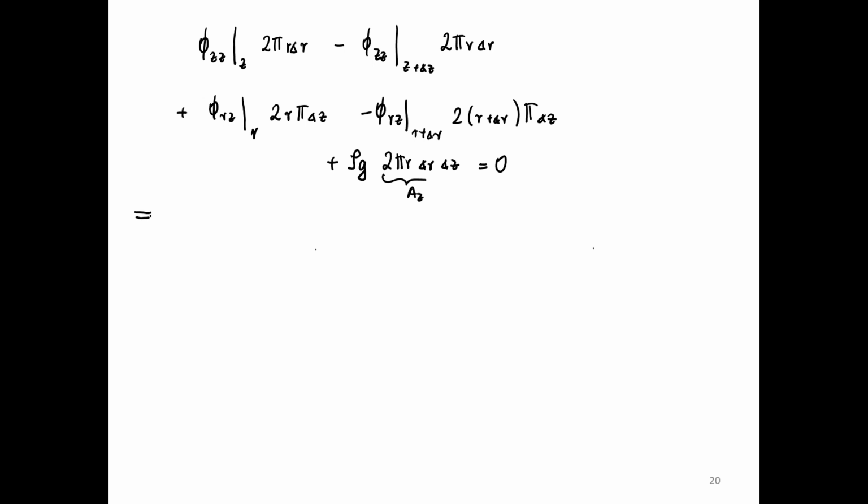So I'm going to shorten this a little with my notation. This is negative phi_ZZ evaluated at Z and Z plus delta Z. Do we see this? Times 2πR delta R. And minus phi_RZ.